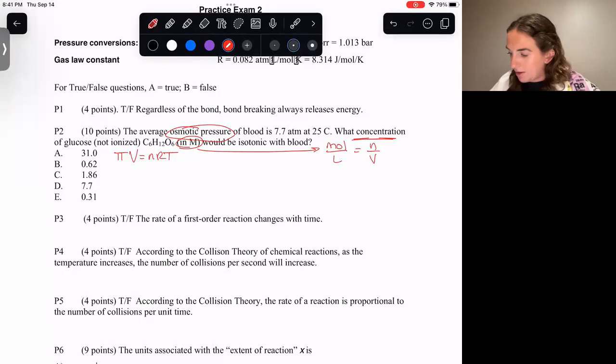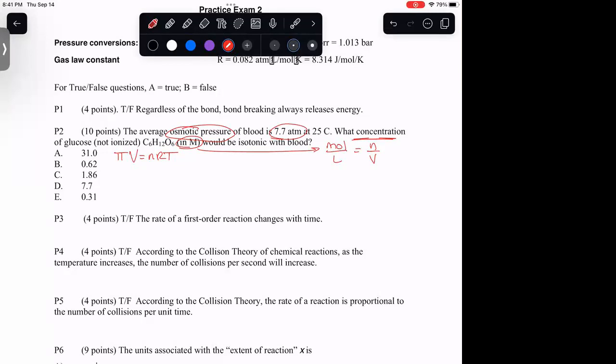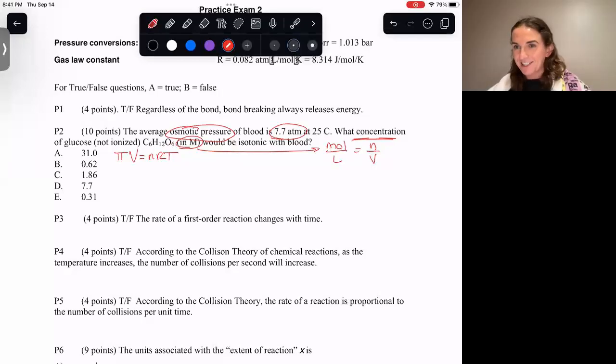Okay, from our question, what is our 7.7 ATM? What does it relate to in our equation?